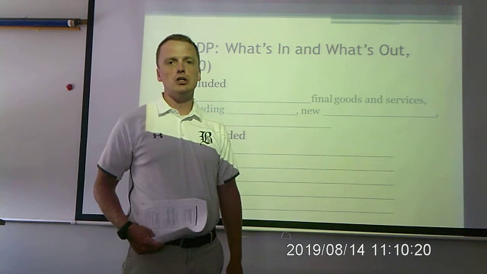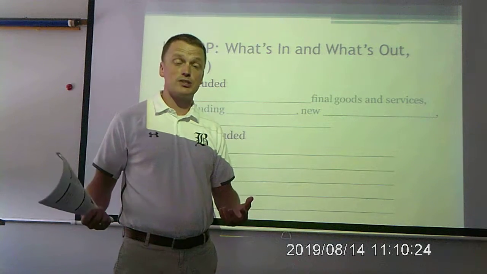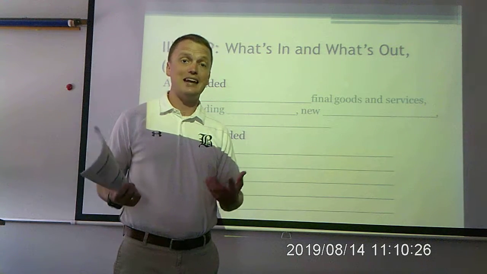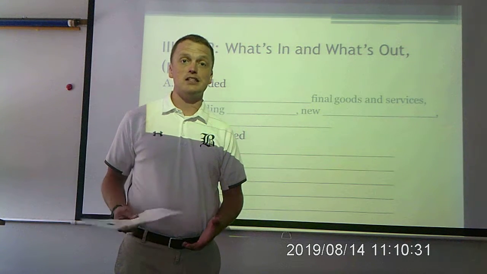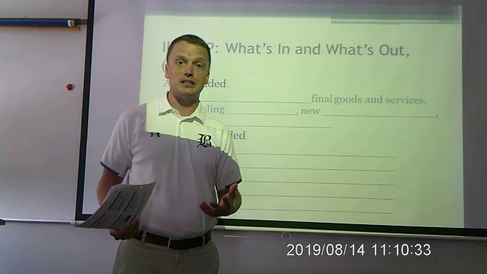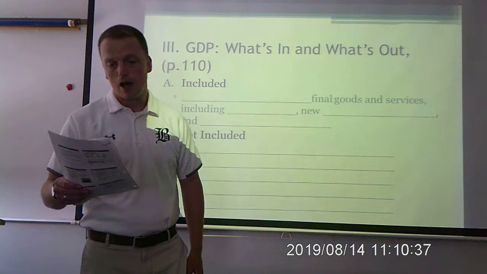Then used goods, so since we're going with cars, any used car cannot be calculated as GDP, obviously because it was already sold previously, and so counting that would be, again, double counting.